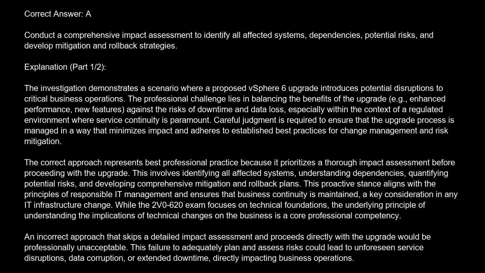While the 2V0-620 exam focuses on technical foundation, the underlying principle of understanding the implications of technical changes on the business is a core professional competency. An incorrect approach that skips a detailed impact assessment and proceeds directly with the upgrade would be professionally unacceptable.